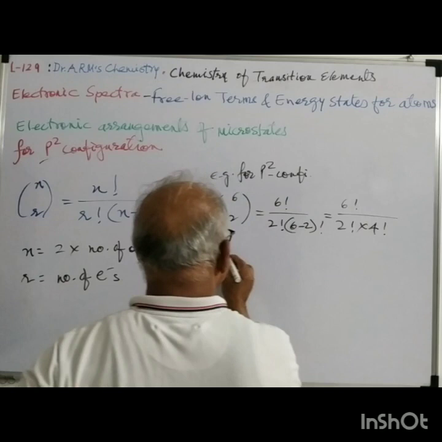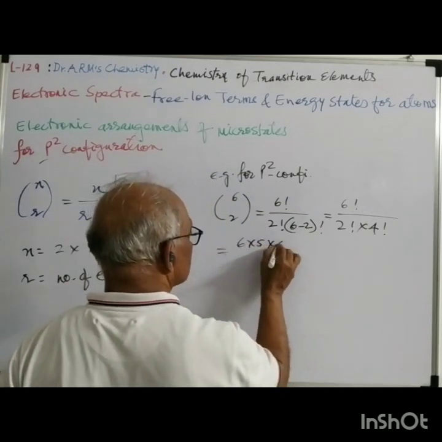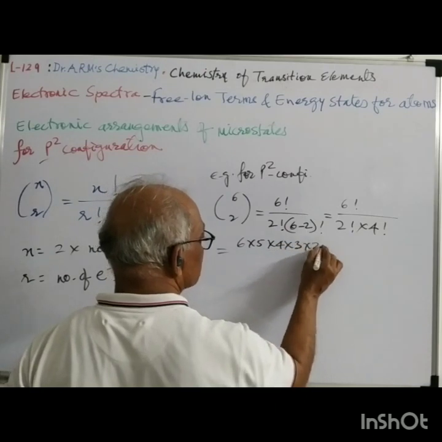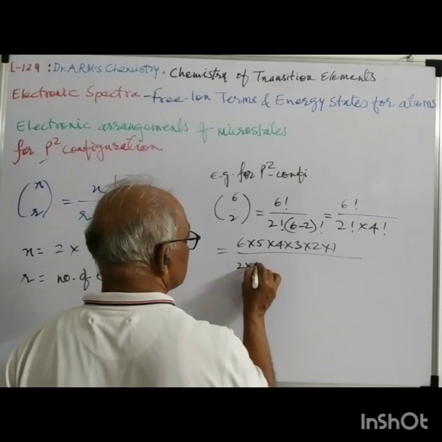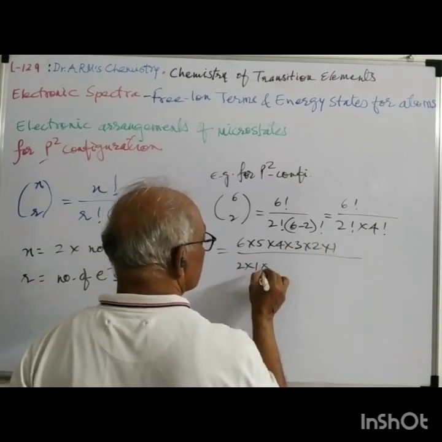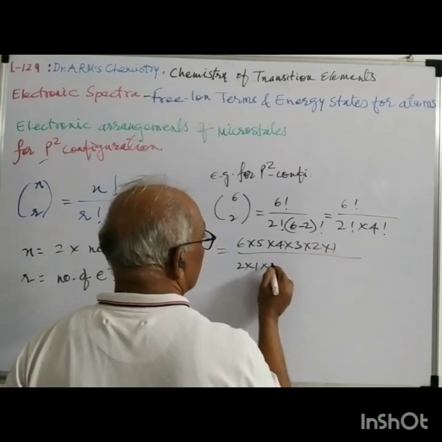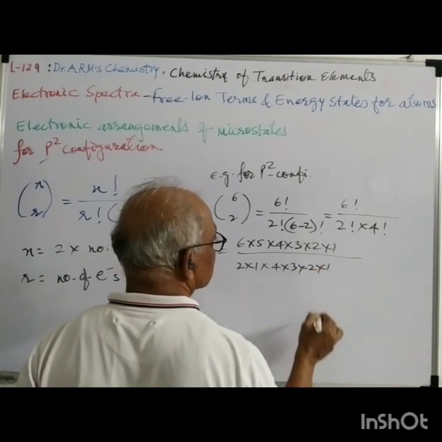factorial. So we can solve this to get 6 into 5 into 4 into 3 into 2 into 1 divided by 2 factorial, which means 2 into 1, into 4 factorial, so 4 into 3 into 2 into 1.